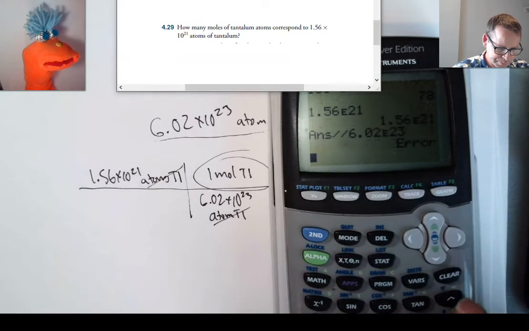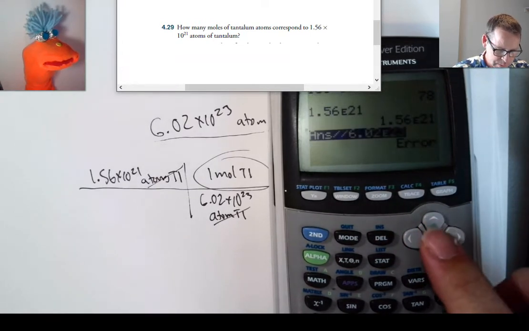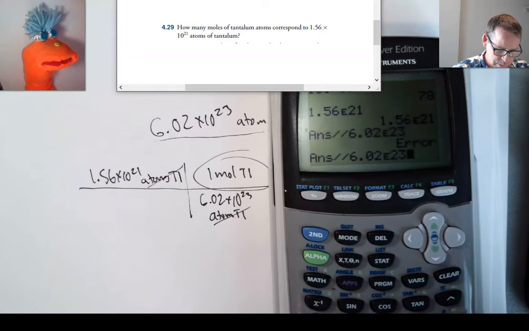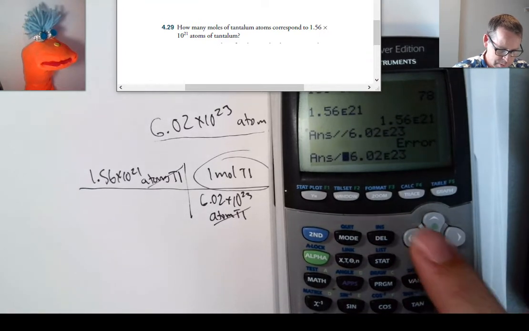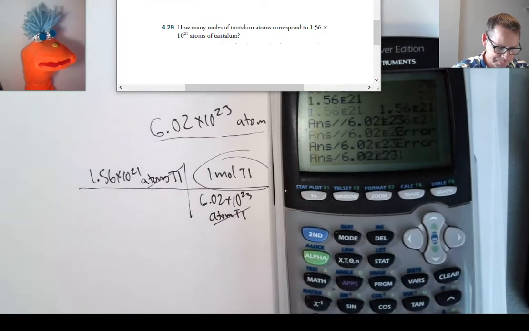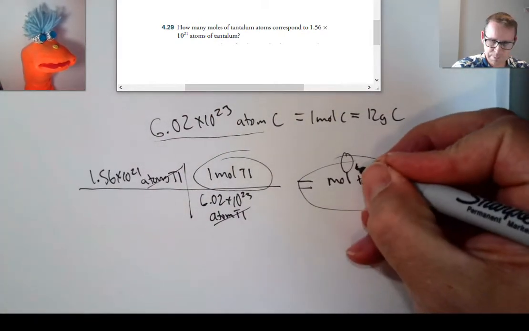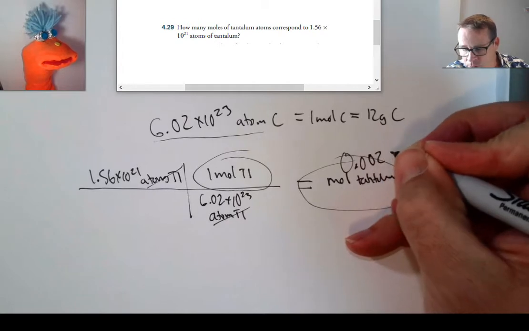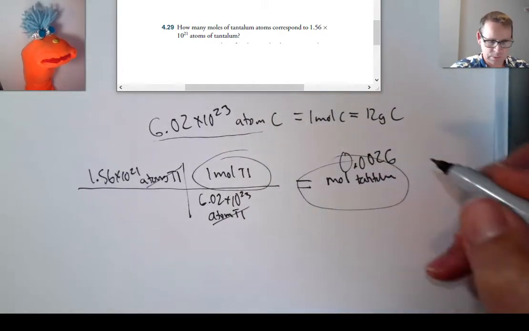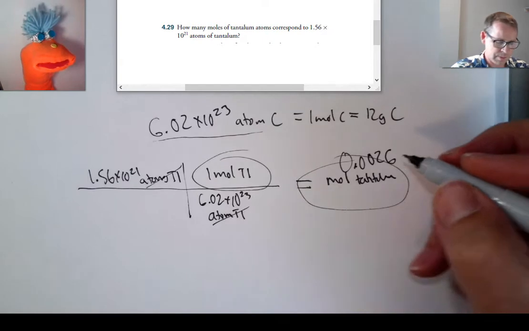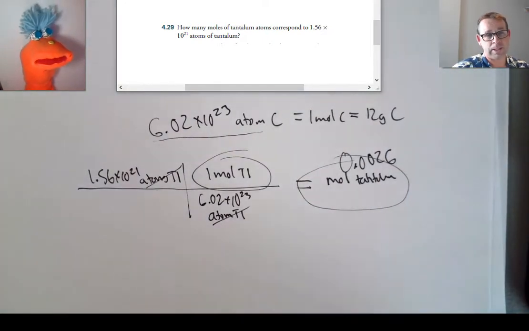Whoops, I pushed it twice. Let's get rid of one of these. Delete. There we go. So it's 0.0025, 259 really moles of tantalum.